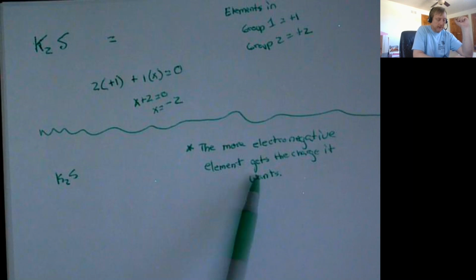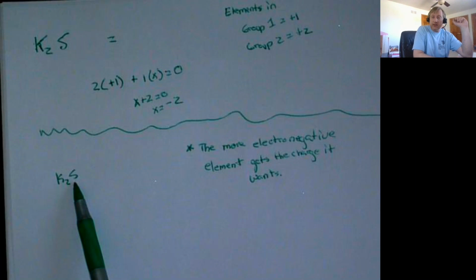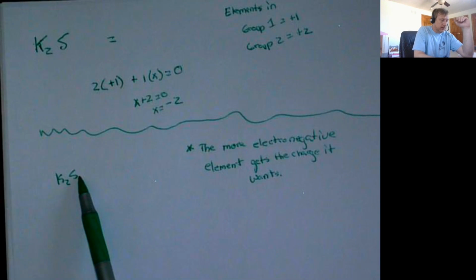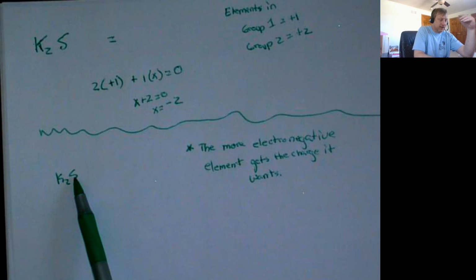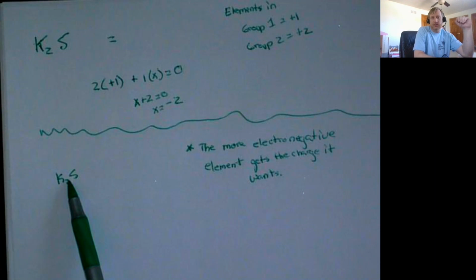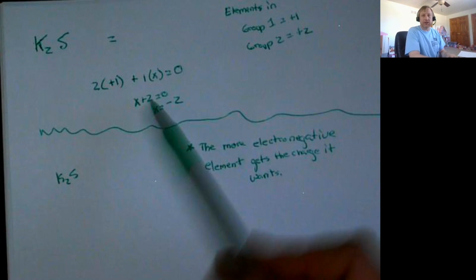It's more electronegative. And so in this particular case, I could just have used my knowledge that, hey, those elements in the same group as oxygen like to take on the -2 charge. Since this is more electronegative, it's going to get the charge it wants, so it's going to get a -2 charge. Either way works.